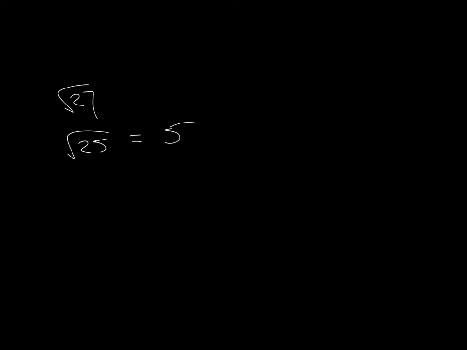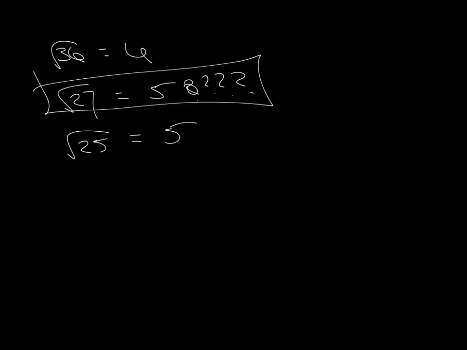And therefore I know that the square root of 27 is going to be a little bit bigger than 5. I don't know how much bigger, but I know it's not 6 because the square root of 36 is 6. So I know that this answer here is somewhere between the number 5 and the number 6. And that's what they're looking for there. That's what they're trying to get you to find.